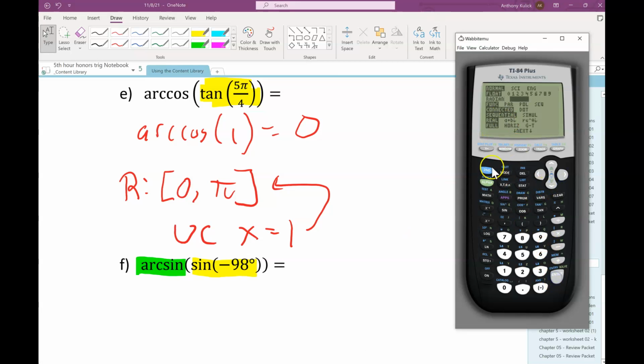So this is what I'm going to do. I'm going to put my calculator in degree mode, do sine of negative 98 to get that. Then I'm going to turn my calculator to radian mode and do sine inverse of that value. And that should be good.